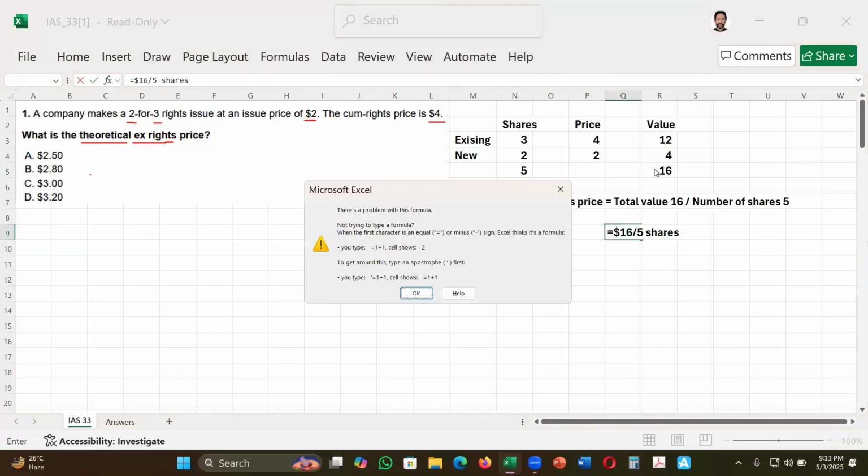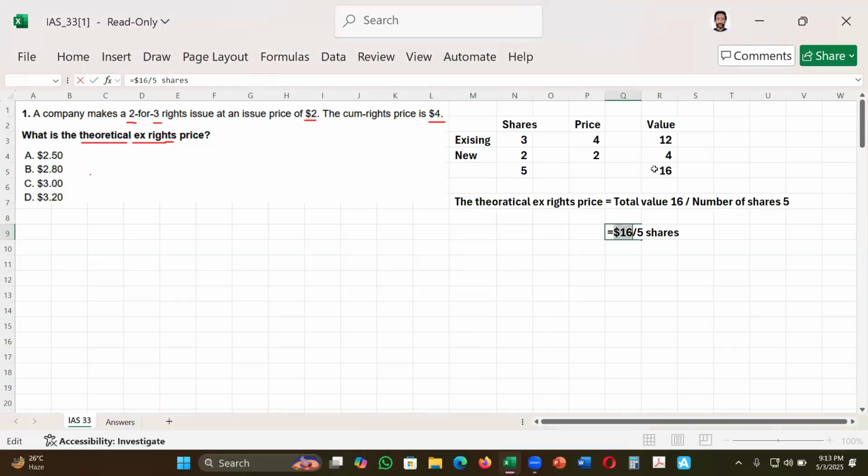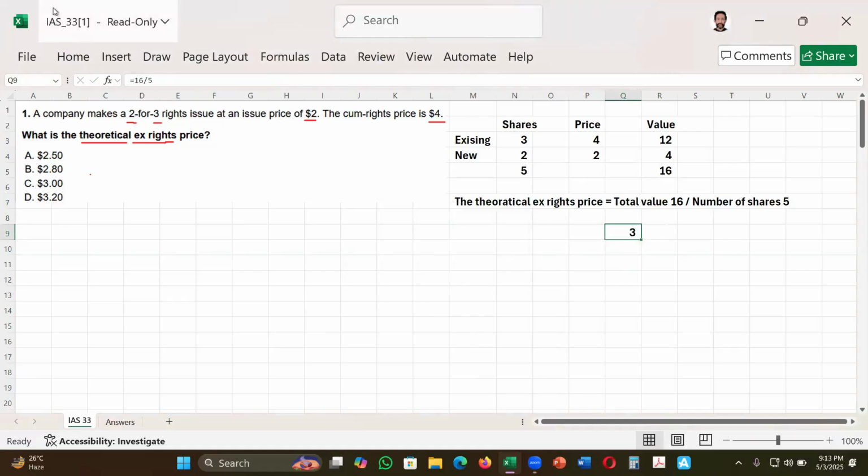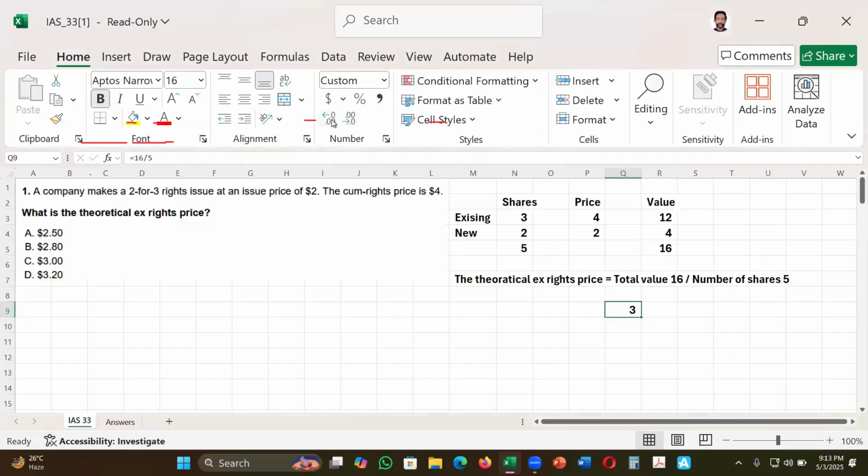Okay, so let's just take away the shares part. You understand how it is coming up? I have actually rounded these figures, so I need to unround them. So that is going to look like 3.2.